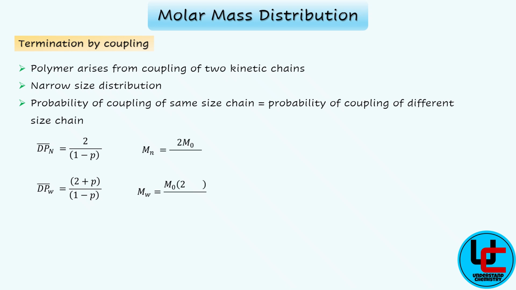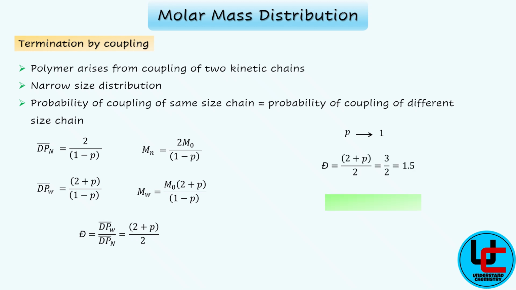From the weight average and the number average degree of polymerization, the dispersity is calculated to be (2 plus P) over 2. For high conversion, when P approaches 1, the dispersity for the case of coupling is calculated as 1.5, which is less than the dispersity calculated for the case of disproportionation and chain transfer, which was 2.